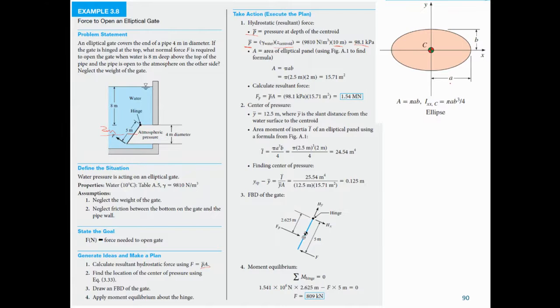So a is 2.5, that is 5/2, and b is 4/2, which is 2. So the area is pi times 2.5 times 2. To calculate the resultant hydrostatic force, we use the pressure acting at the centroid multiplied by the area. So this is the pressure force, 1.58 meganewton.